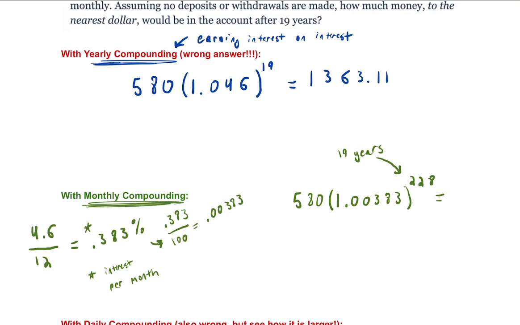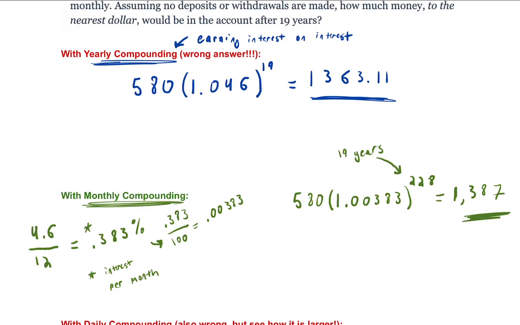So I type all of this in, 580 times 1.00383 to the 228, and I get, I'm just going to round to the nearest dollar here, $1,387, which you'll notice is higher, it's 25 bucks, but is higher than when the bank ran that calculation every year.